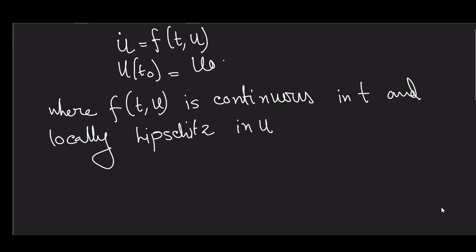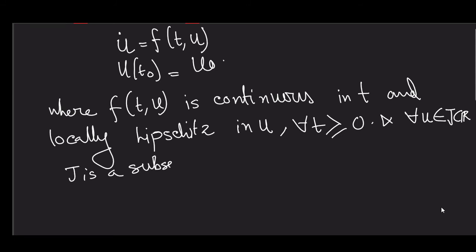So it is continuous in t for all values under investigation, and locally Lipschitz in u for all t greater than or equal to 0, and for all u belonging to J, where J is a subset of R, supposedly a proper subset of R.